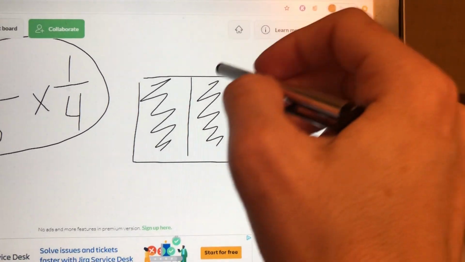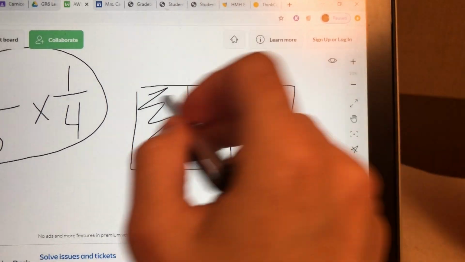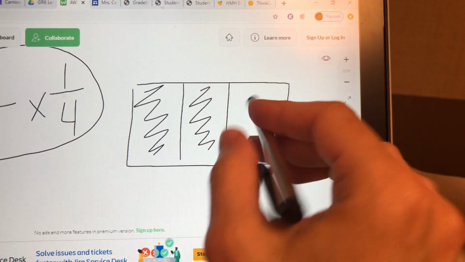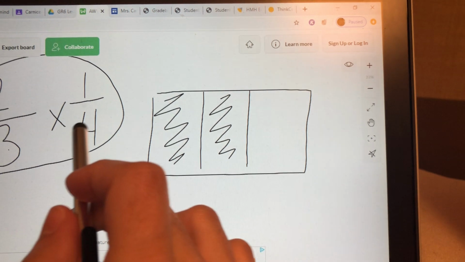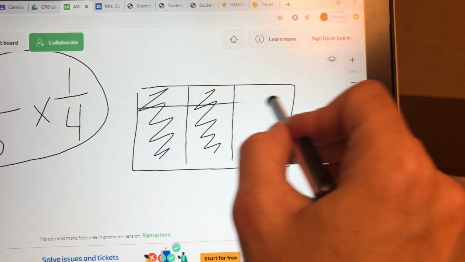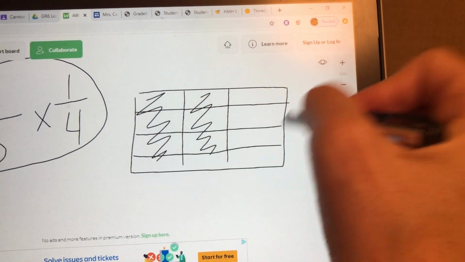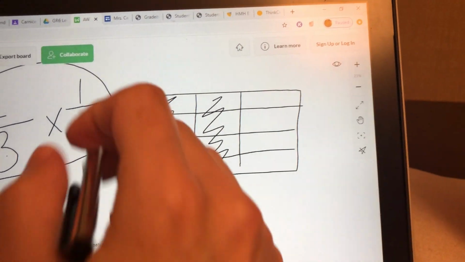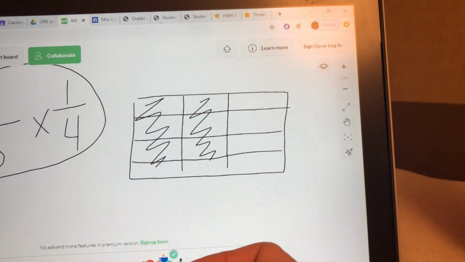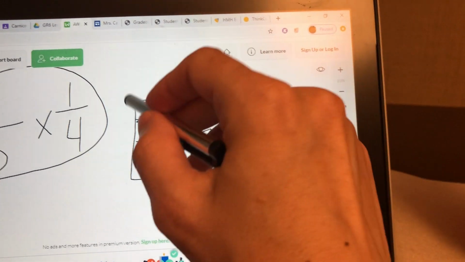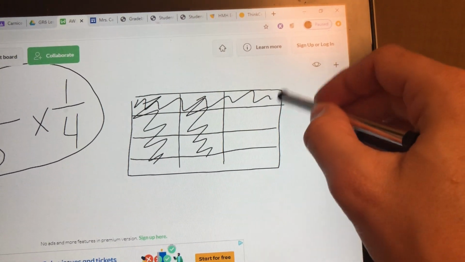So we're going to cut, instead of up and down vertically, we're going to go horizontally so that it doesn't confuse us. So fourths, there are your fourths. We're going to pretend they're spread apart evenly. And we're only shading 1 out of the 4. Okay, so you can go this way if you want to, 1 out of the 4.